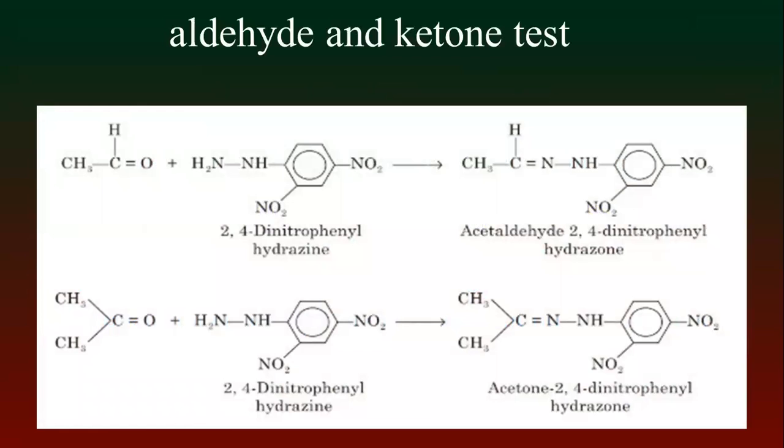Okay, first of all, I'd like to discuss the carbonyl test, that means aldehyde and ketone test. For the aldehyde or ketone test, the first test is the 2,4-DNP test. 2,4-DNP means 2,4-dinitrophenylhydrazine.